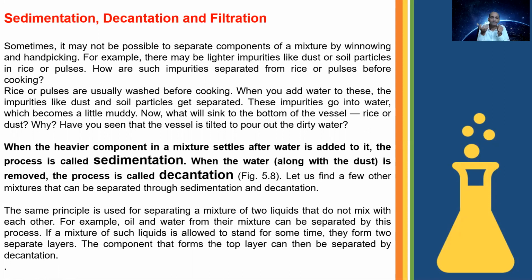So by the force of earth's gravity, gradually it settles down at the bottom of the glass. It sits at the bottom of the glass, right? This process is known as sedimentation. When we separate the pure water from the dirty water and particles in that glass, that is called decantation.